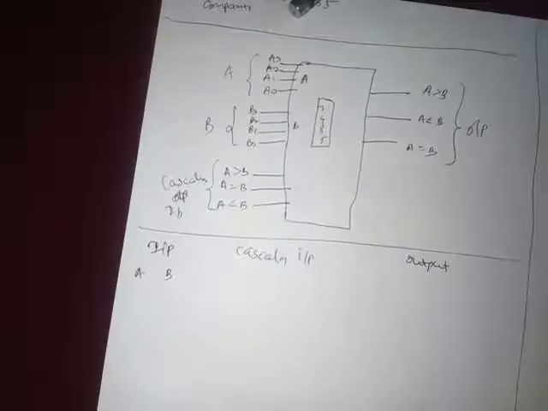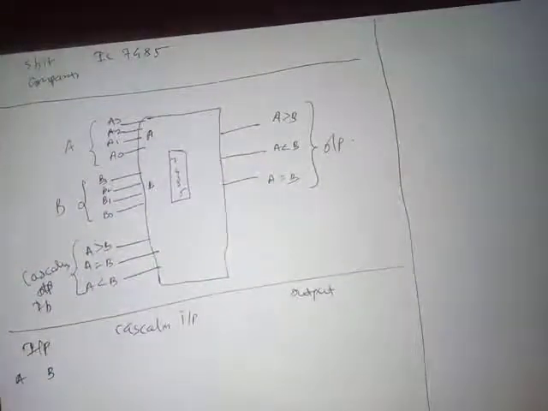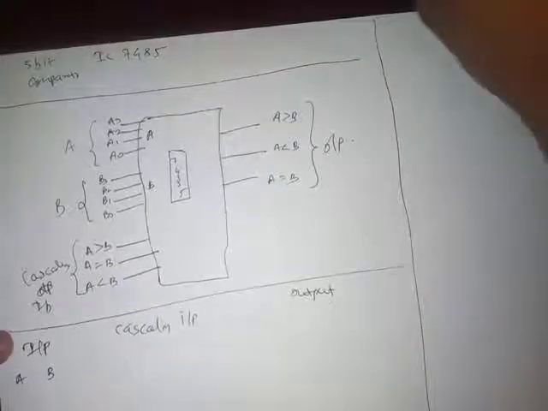Whenever you have to use two or more ICs, we have to connect them in cascading manner, that is in serial manner. For that purpose, this cascading input line is used, which connects the signals in a serial pattern.